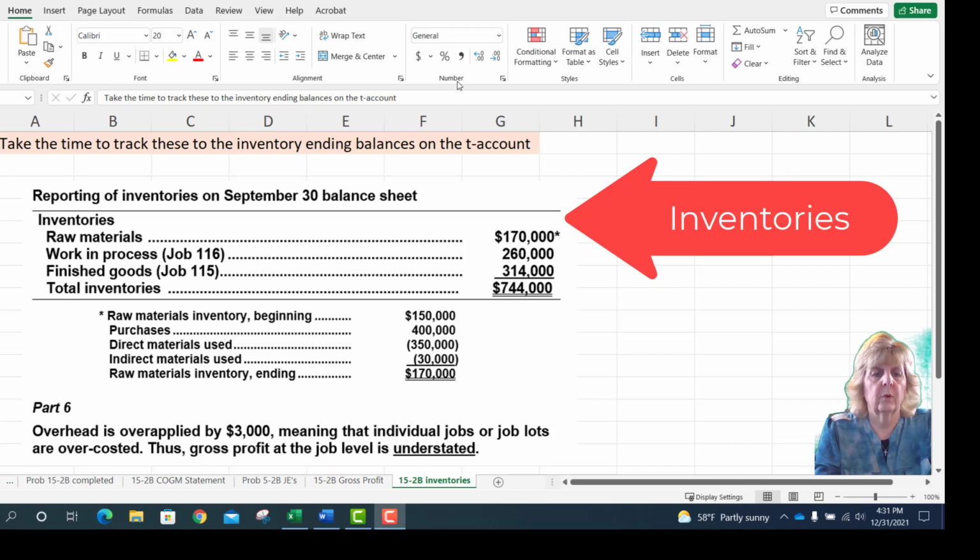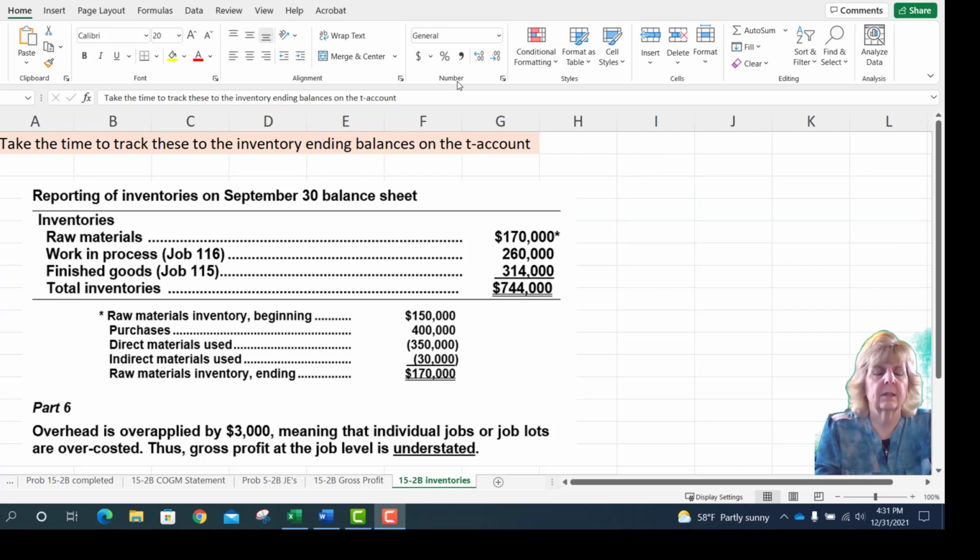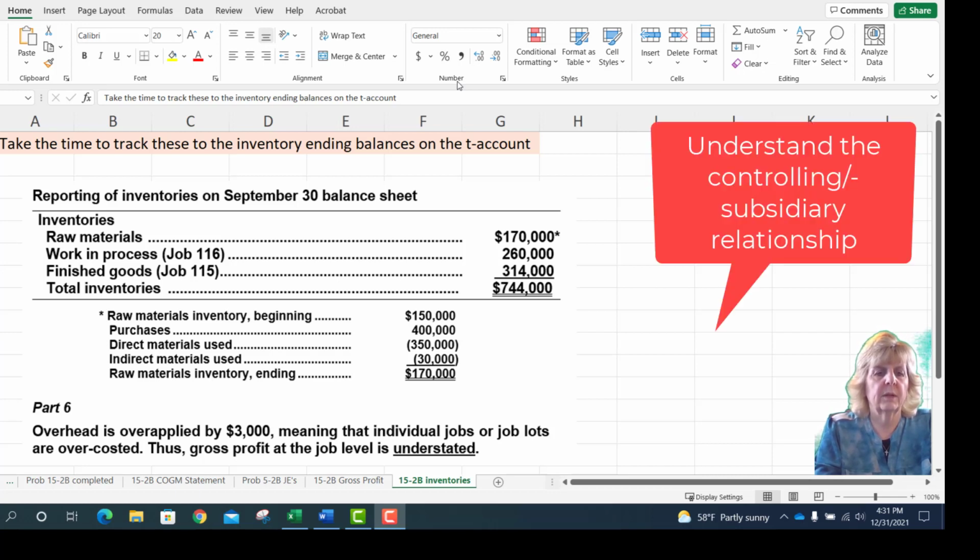We wound up with 3 inventory accounts: raw materials of $170,000, which represents the amount of materials on hand at the end of the period; the WIP balance, which represents the job costs of 1 job that still has not been completed, job number 116; and finished goods, which represents the cost of the 1 job, job number 115, that has been completed but remains unsold.